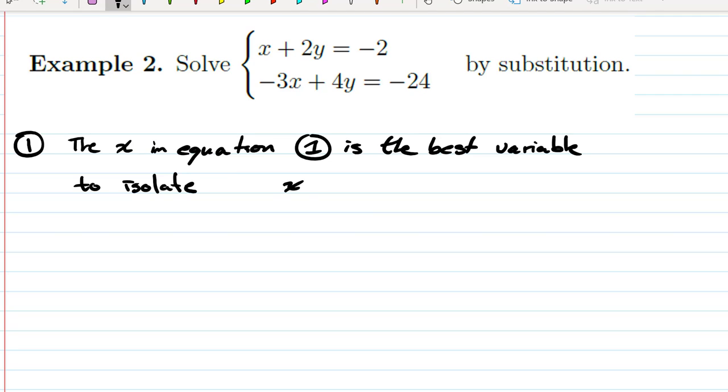So we have x plus 2y equals negative 2, and we minus 2y from both sides, and we get x equals negative 2y, take away 2.